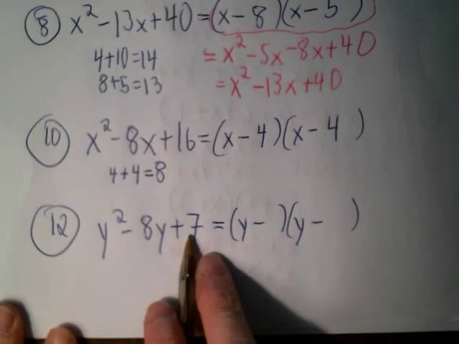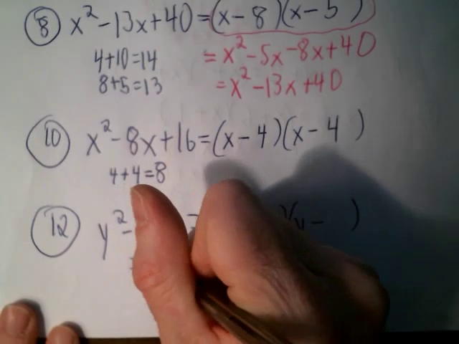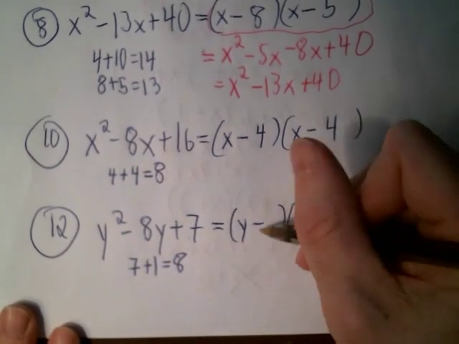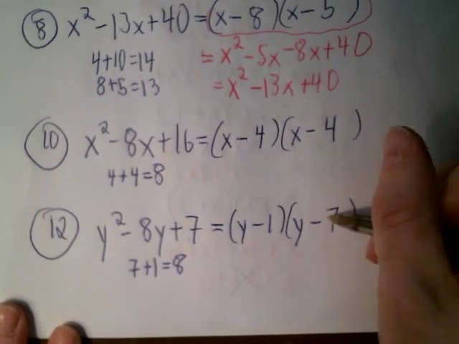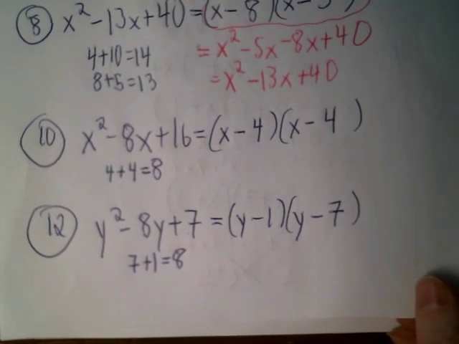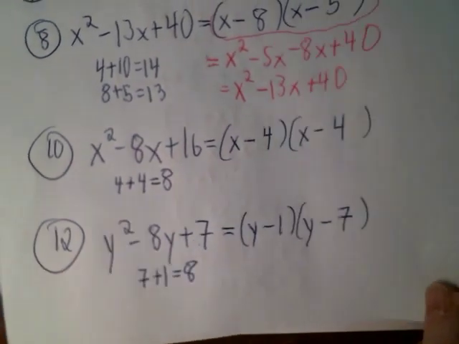There's only two numbers that will multiply to be 7. It's 7 and 1 because 7 is prime. Okay, so 7 plus 1 is 8. So I need to put 7 and 1 in these positions here, and then I'm good to go. Okay, so that was our second form.